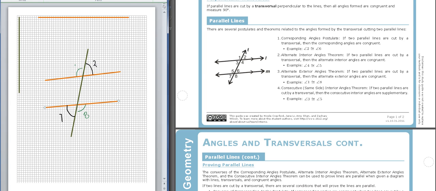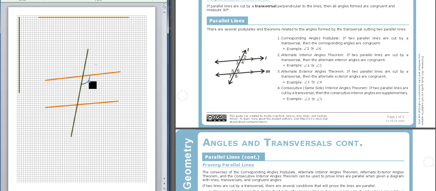Now, the last one is the consecutive, or the same side interior theorem. If two parallel lines are cut by a transversal, then the consecutive interior angles are supplementary. Remember what we said about supplementary. Supplementary angles add up to be 180 degrees.